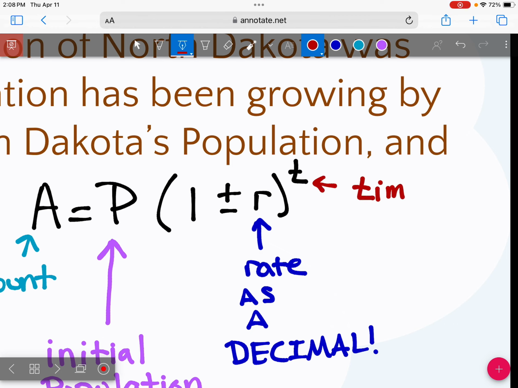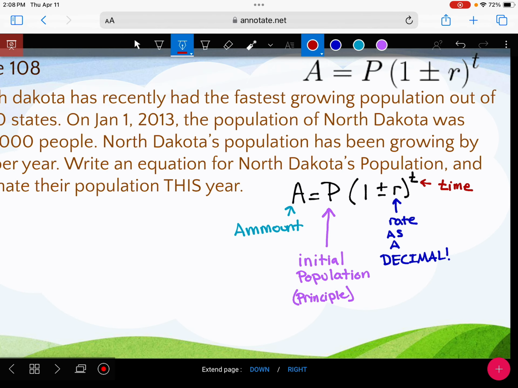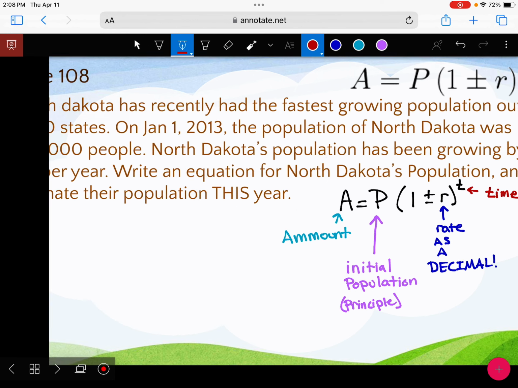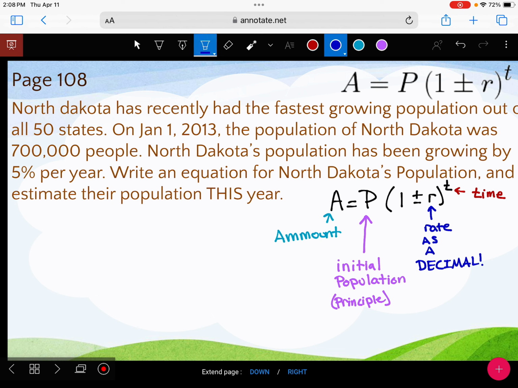So there's a lot of information in this paragraph that is going to help us figure out an equation to write. What pieces do we see in this story that might help us? The initial population. What's the initial population? 700,000. So this right here is going to be our principal, our initial population.